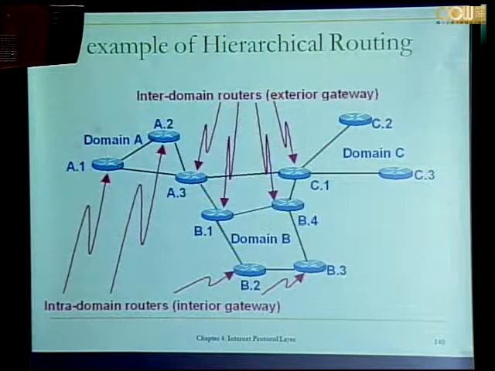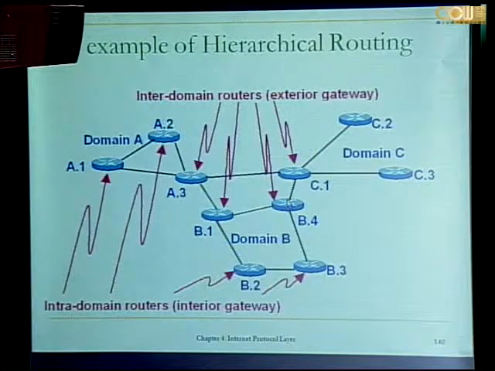But in my slide, it shows three domains: domain A, domain B, and domain C. Domains A and C are stub domains, meaning that they have only one entry. But domain B is multi-homed, so it has two routers connected to the outside world.